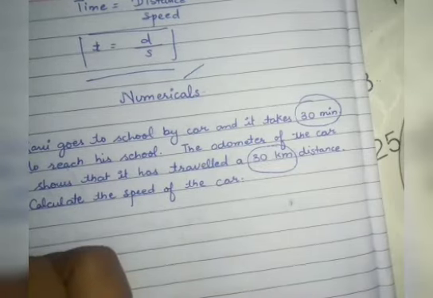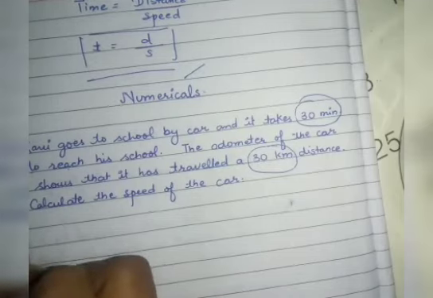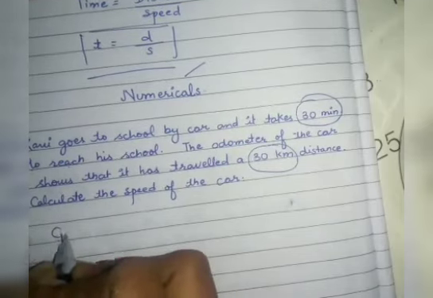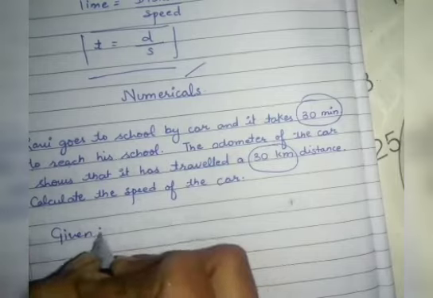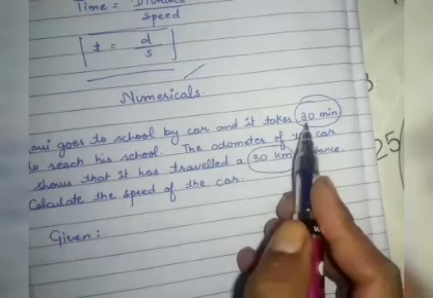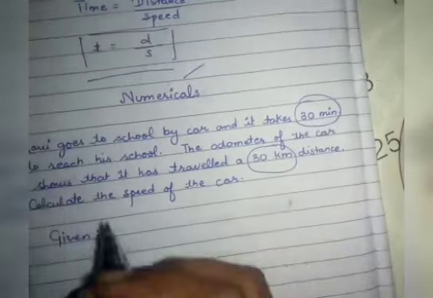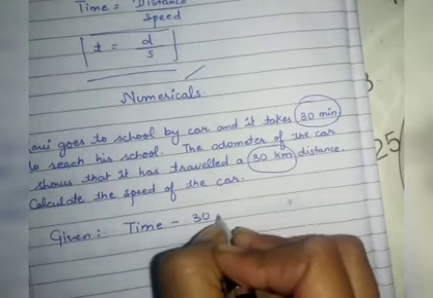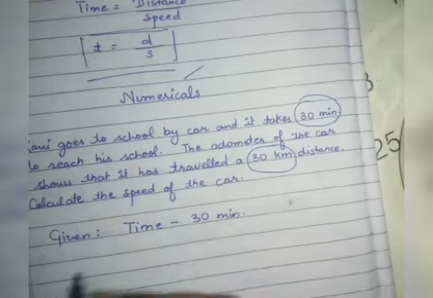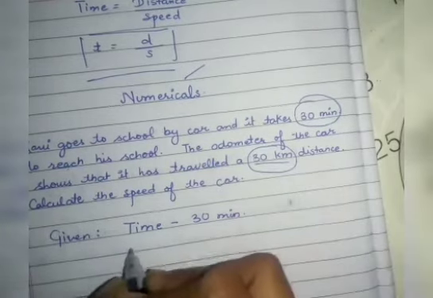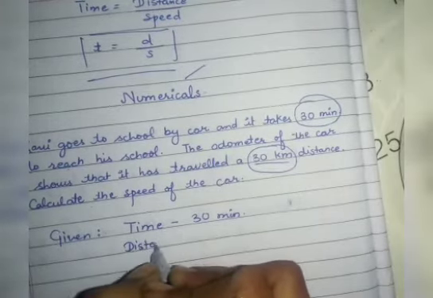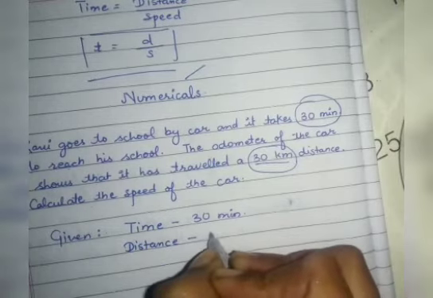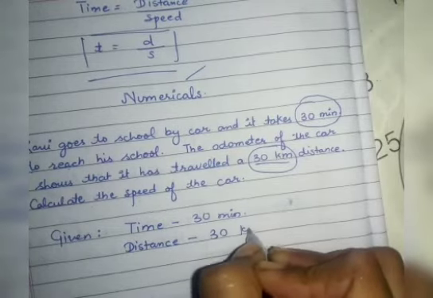Solution. First of all, we have to write the given part. Minute means time, so time is given: time 30 minutes. Distance 30 kilometer.